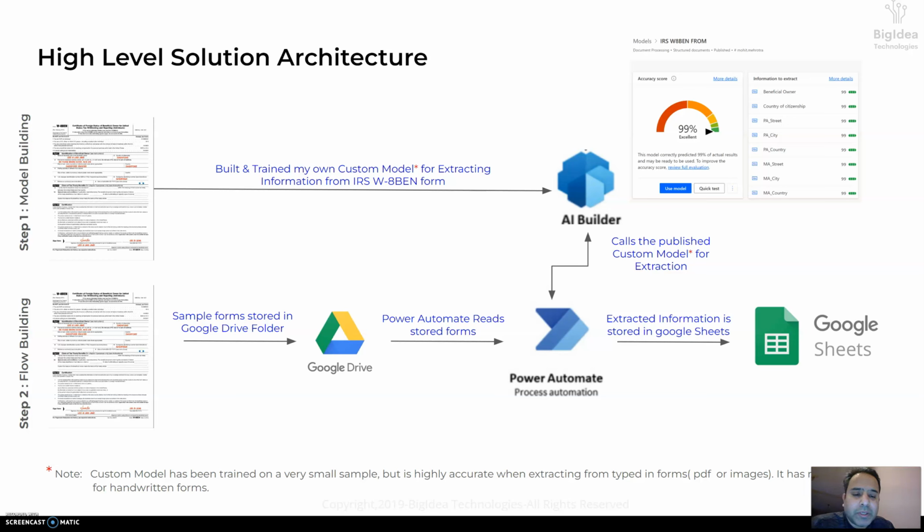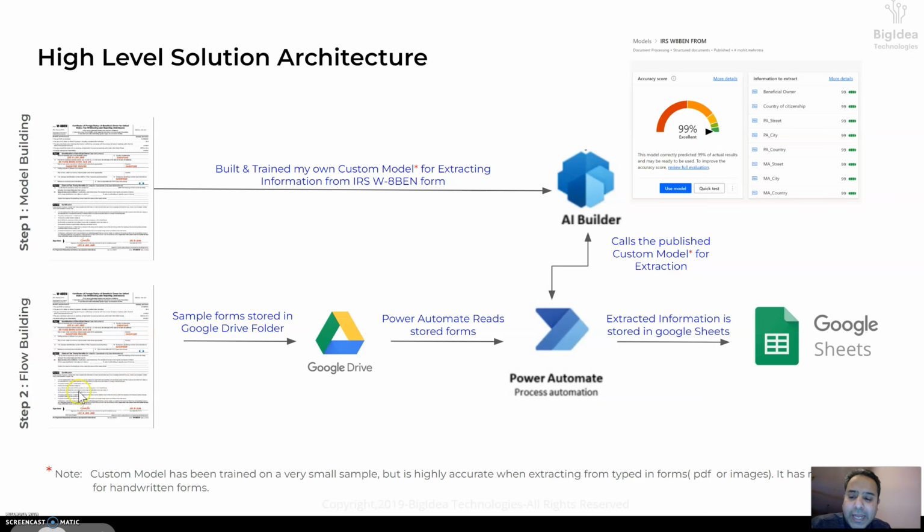And the other part is that it's not currently meant for handwritten forms. I haven't trained or tested the model on handwritten forms. But if they are typed in, like the one that I was showing earlier, then we have a pretty high accuracy rate in the model itself. So that's the first part of it.